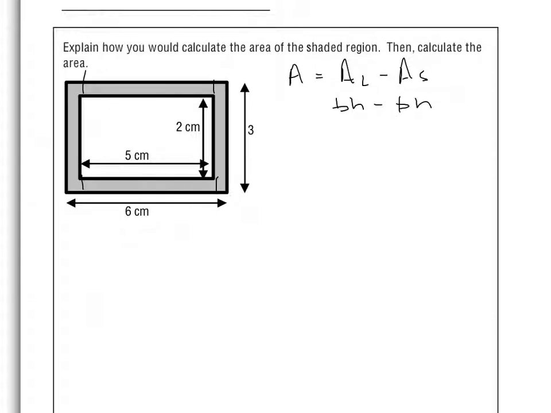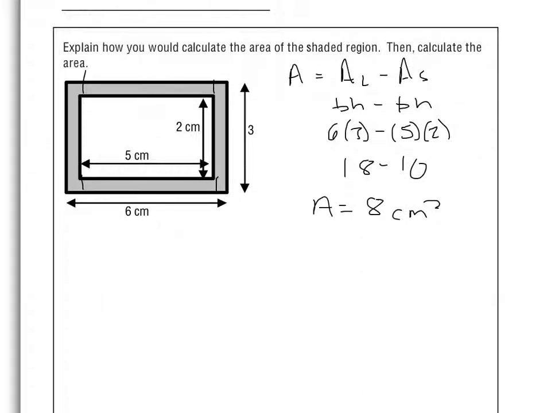So the larger area is 6 times 3, and the smaller area is 5 times 2. And so that's 18 minus 10, which gives us an area of 8 centimeters squared.